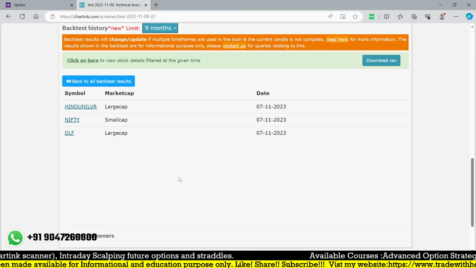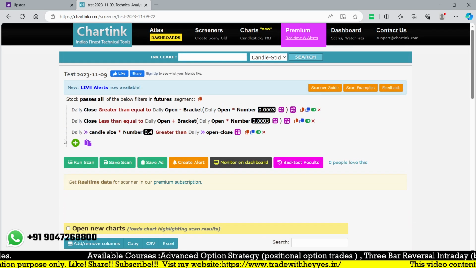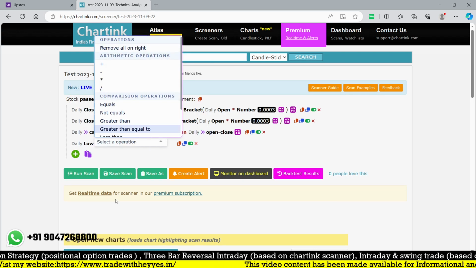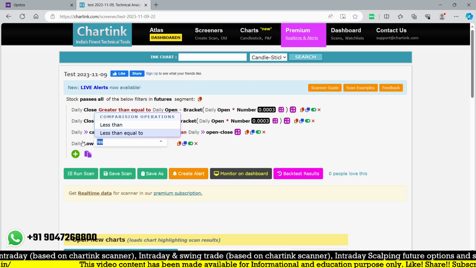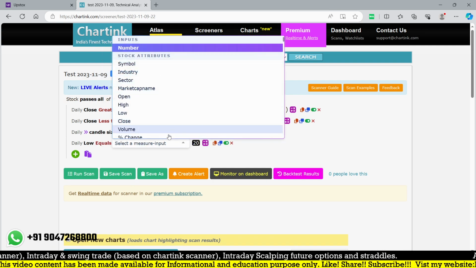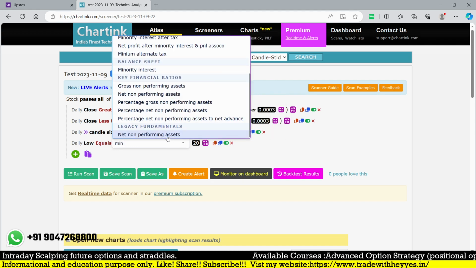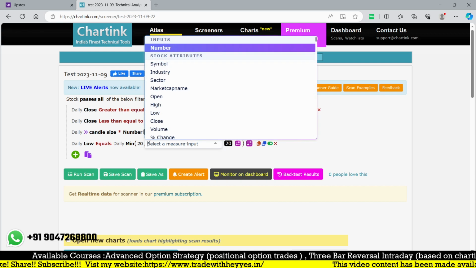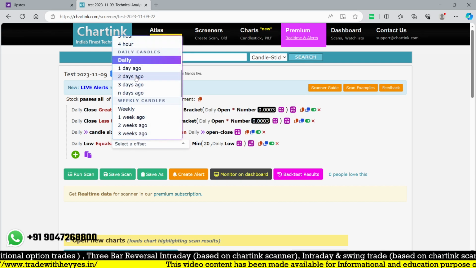Okay, and now we have a more important condition, that is the trend. So I'm just going with the low, which must be less than or equal to the minimum duration value which we are going to use. The minimum duration is nothing but the low, 1 day ago.